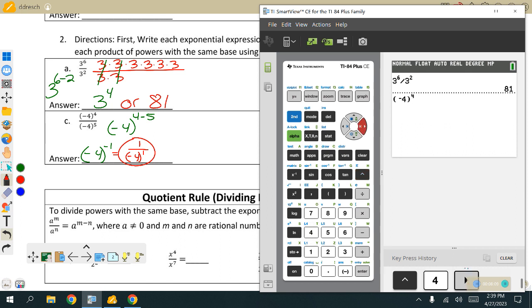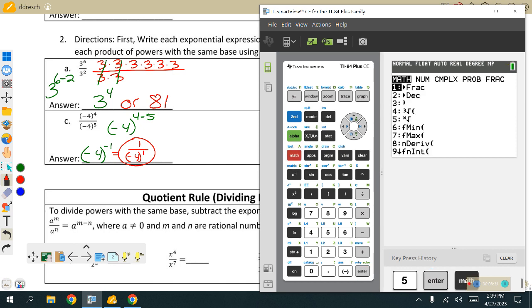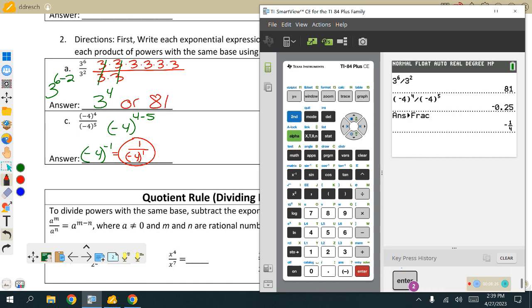We type it in exactly like we did on the last one. And then to get your decimal to a fraction, we've been hitting that button right here where it says math, option number 1, change it to a fraction.